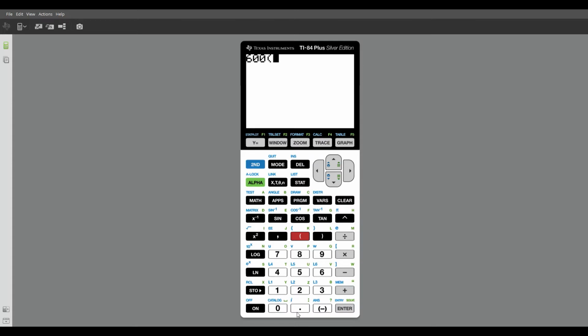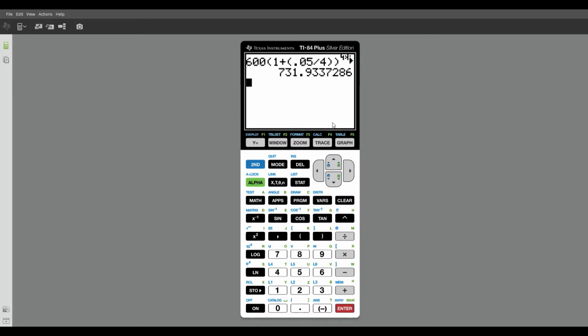So in this set of parentheses, I'm going to do 1 plus, and then I'm going to open another set of parentheses, 0.05 divided by 4. That's my fraction. I'm going to close that fraction with this set of parentheses. Then I've got to close the parentheses that I first entered. So I've entered that entire expression into this set of parentheses, and I'm going to raise that to the power of 4 times 4.